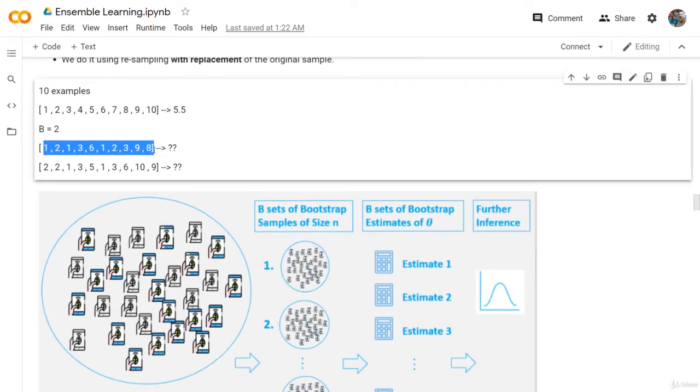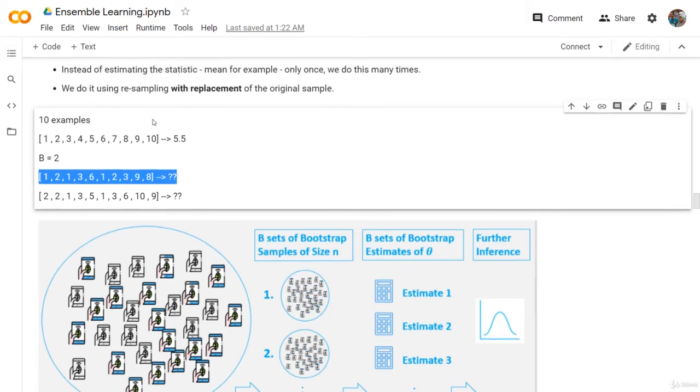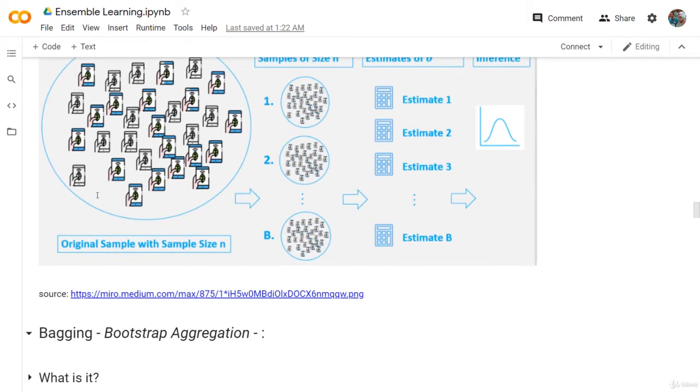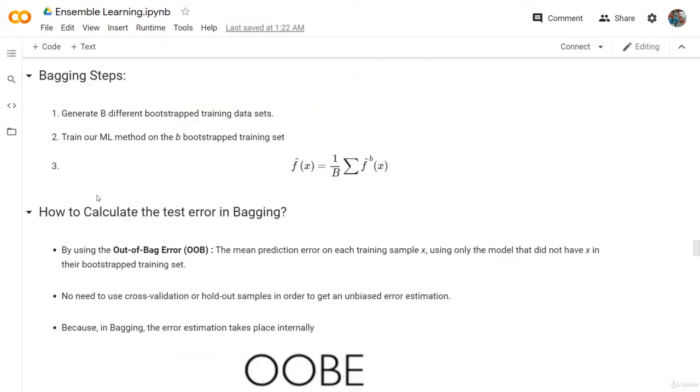This is the first sample. The out-of-bag error will be calculated for the samples 4, 5, and 7, because these are the samples that are not in the bootstrapped sample. When we use resampling with replacement, some of the examples in the original training dataset are not in the new bootstrapped samples. So this is called out-of-bag error, okay?